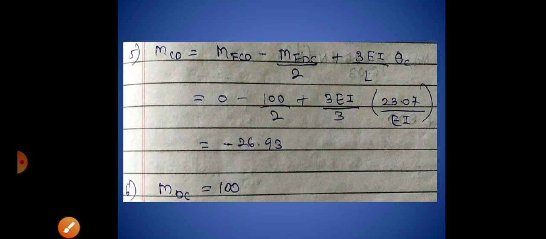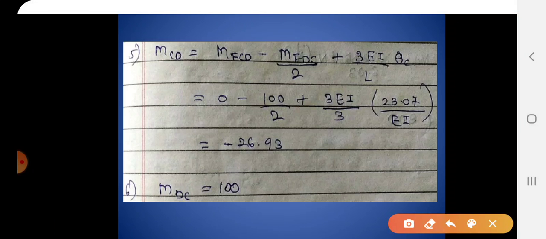Next, the support condition is changing. For the CD span, C is an intermediate support and D is an end simple support. Therefore we have to use the modified slope deflection equation. MCD is equal to MFCD minus MFDC by 2 plus 3EI by L into theta C. Accordingly you put in all the values and find the MCD value.